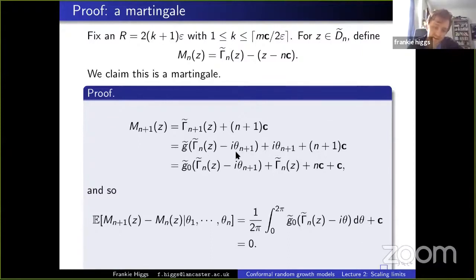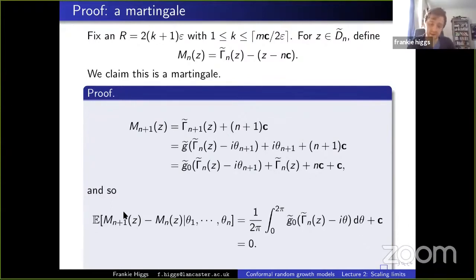But since that's at angle theta n plus 1, all we have to do is subtract it off this argument and add it on again after. But to get from g to g0, we're just going to add the inside of this back on. So we end up with, firstly, g0 of something minus something independent. This is independent of gamma n. And then we've added on this here, which, if I'd remembered to subtract z off in the first line, would be M_n.